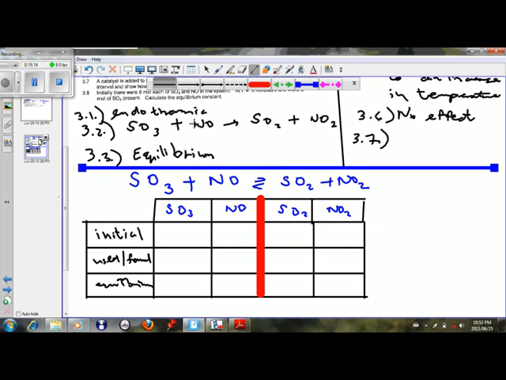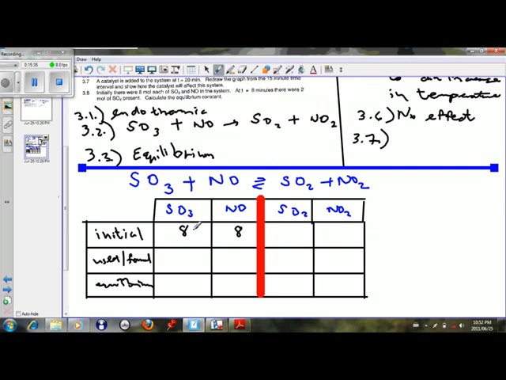So to begin with, our question was clear and it said that initially there were 8 moles of SO3 and NO in the system. So initially there were 8 moles of SO3 and 8 moles of NO. These were reactants.